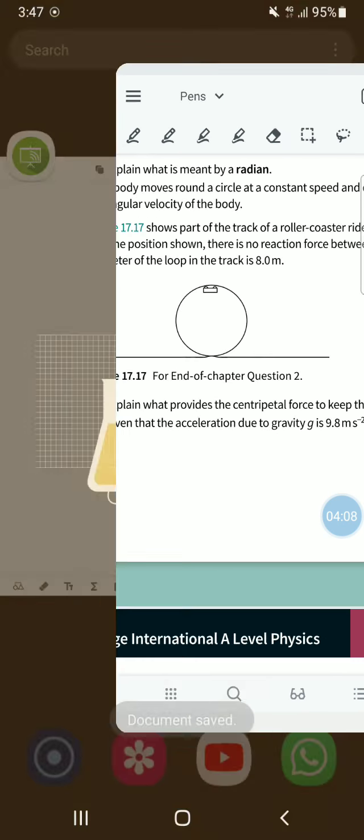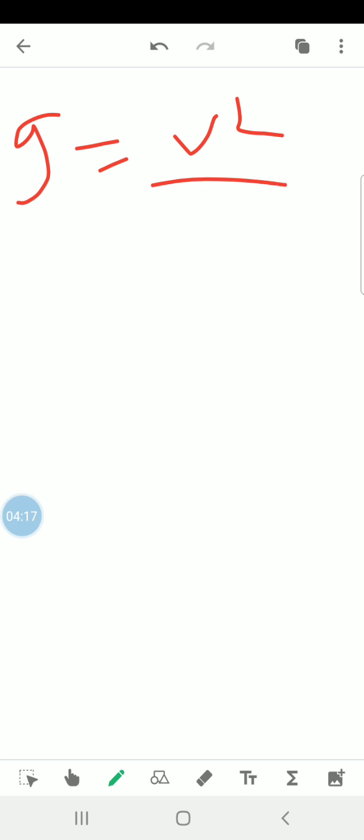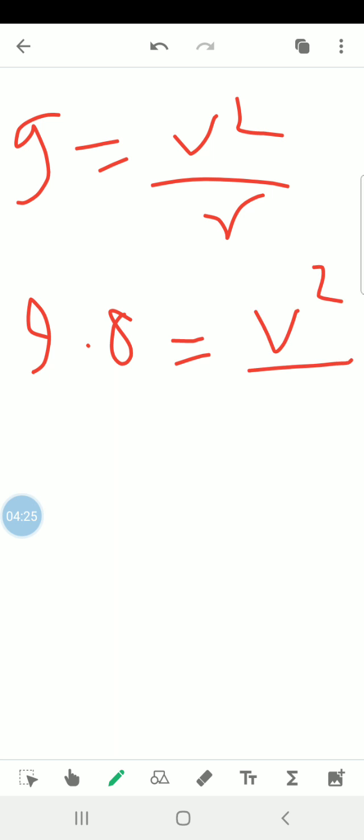So let's do it. Now in this particular situation, A is G. So then G is equal to V squared upon R. Then G is 9.8. V squared we do not know. R is then 4, because the diameter has been given as 8.